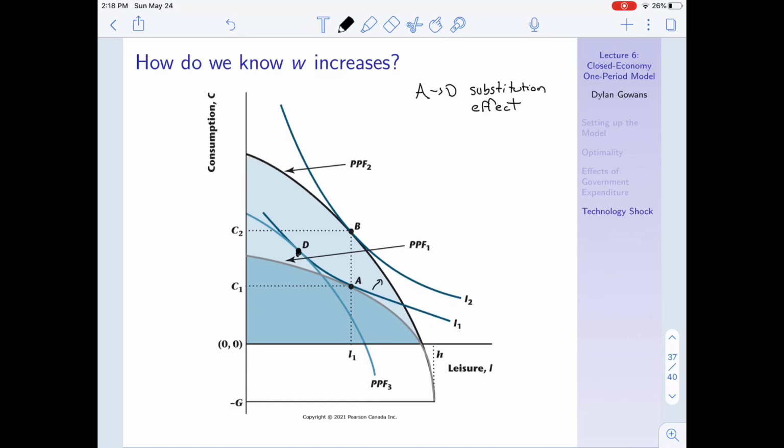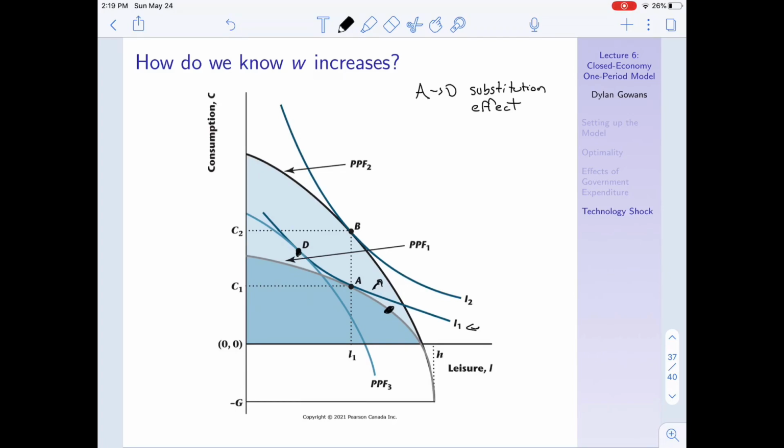So here we have our initial production possibility frontier, which is then rotated up. The substitution effect is saying, take that new production possibilities frontier and shift it down until it is exactly tangent with the initial indifference curve, I1. The point at which it's tangent to the initial indifference curve is point D.